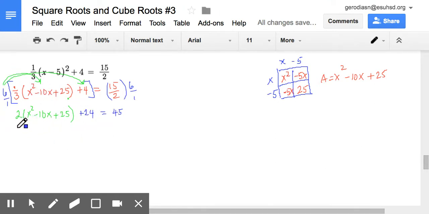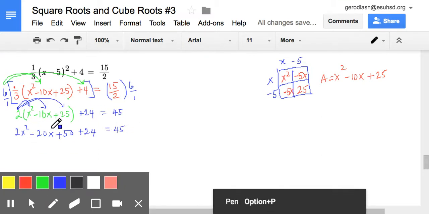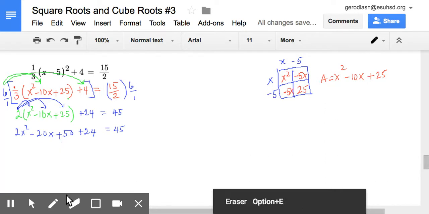Okay, so we have now this expression here, and we're going to apply the distributive property. So we'll have 2x squared minus 20x plus 50 plus 24 equals 45. All right, so we can now combine like terms.